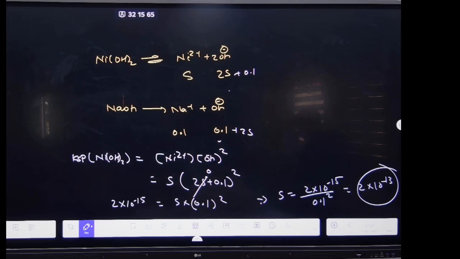Question number 23, you do. You know the formula? pH is equal to pK plus log salt by acid.